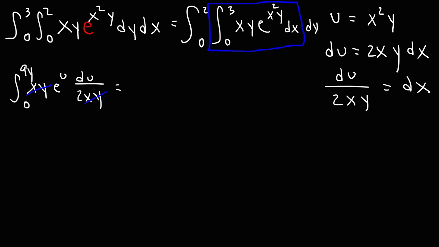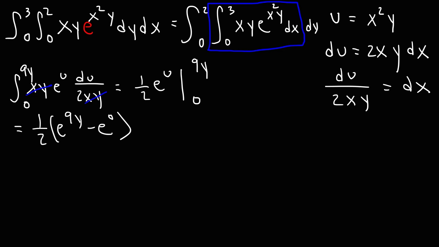The antiderivative of e to the u is just e to the u. And we have a 2 in the bottom, so that's 1/2 e to the u, evaluated from 0 to 9y. And so this becomes 1/2, and then it's e to the 9y minus e to the 0. e to the 0 is 1, so we have 1/2 times e to the 9y minus 1.